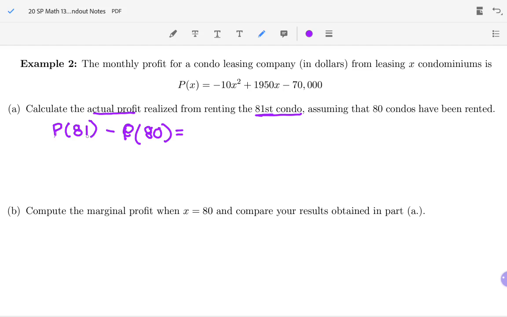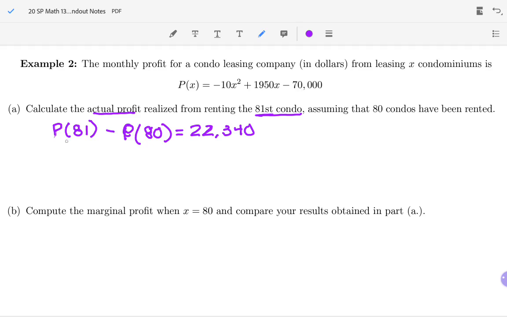So you can grab your calculator and pause this video if you need to. We're plugging in 81 into this function here. Negative 10 times 81 squared plus 1950 in parentheses 81 minus 70,000. So their total profit for renting all 81 condos, I'm getting $22,340 for that month.